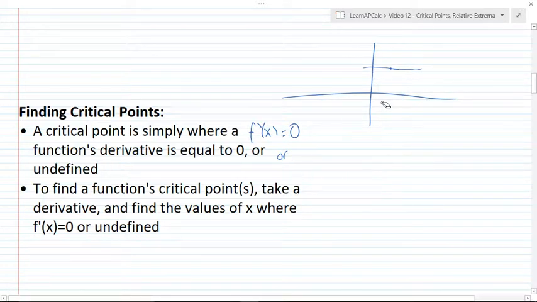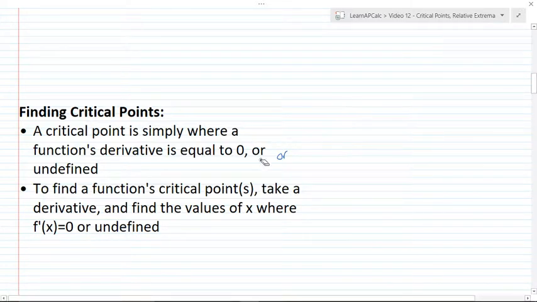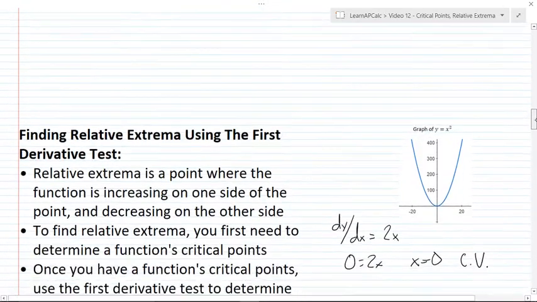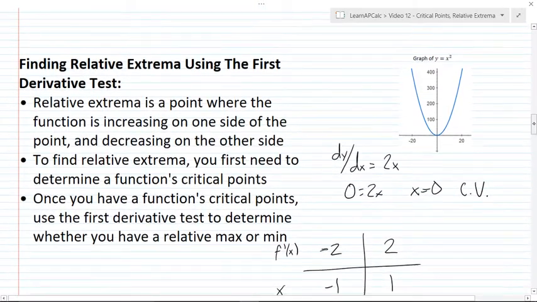But critical points aren't very useful because, are we at a relative max? Or are we at a relative min? They tell us what our slope is, but it's not telling us much about what the function does outside of it. And so that's where the first derivative test comes in.